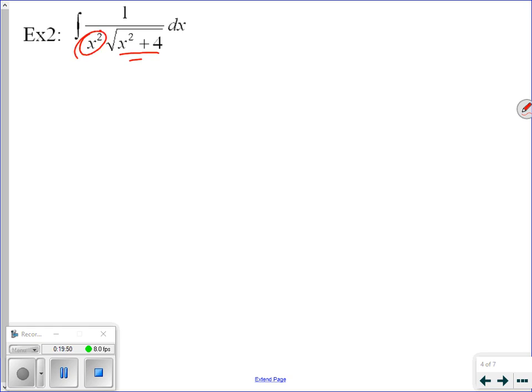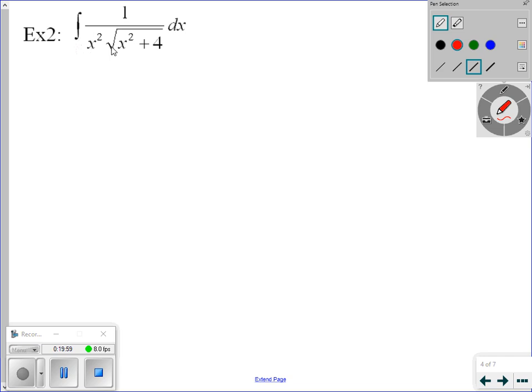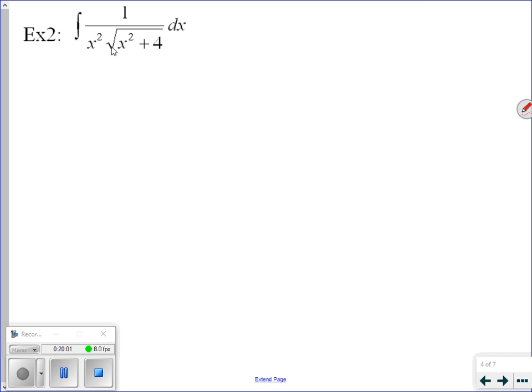It's just not going to end up being nice. Okay? But what we do recognize is a nice little trig substitution we can plug in. We have the square root of x squared plus 4.